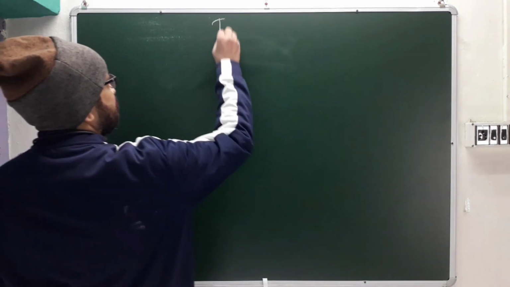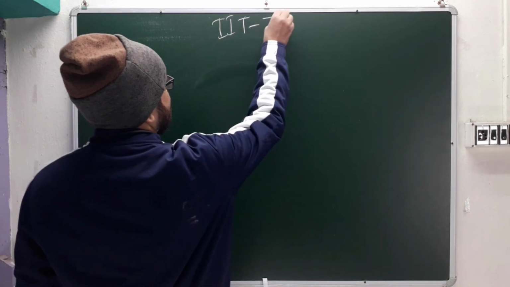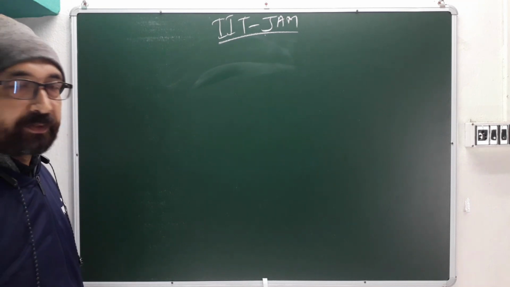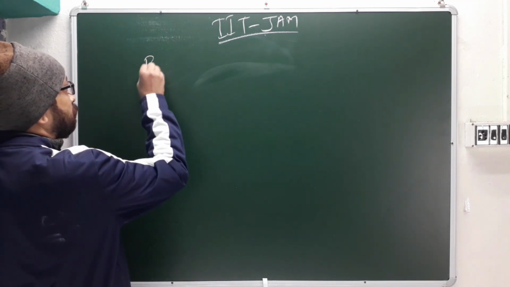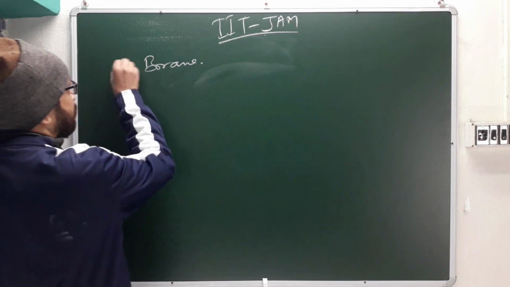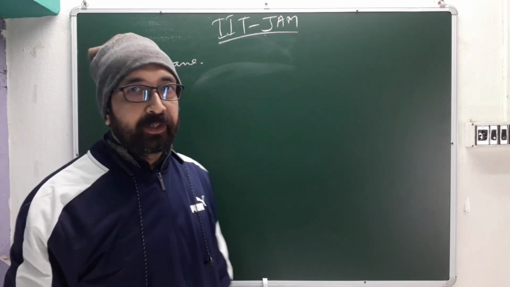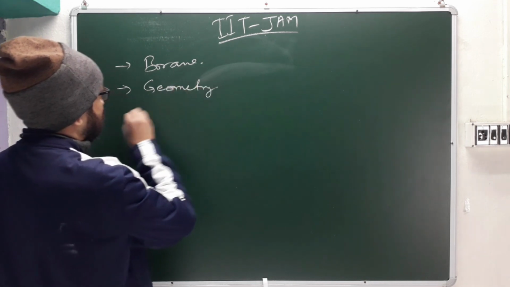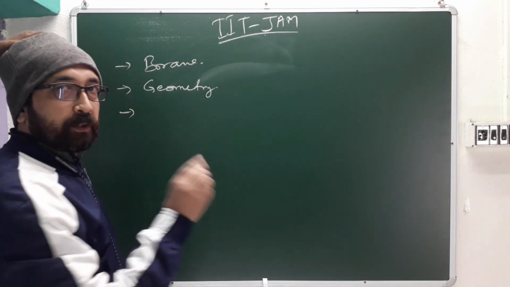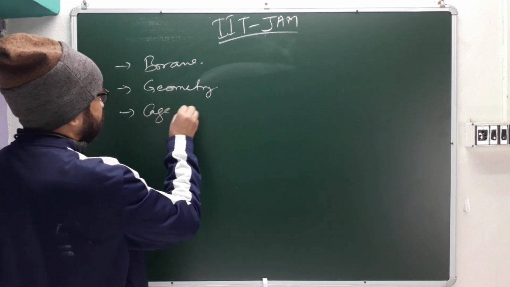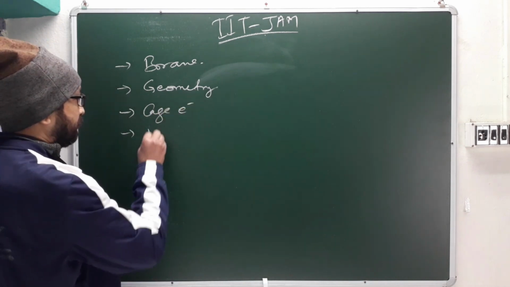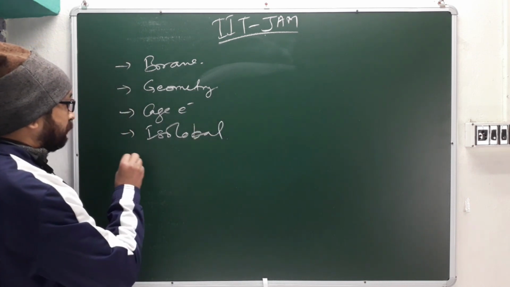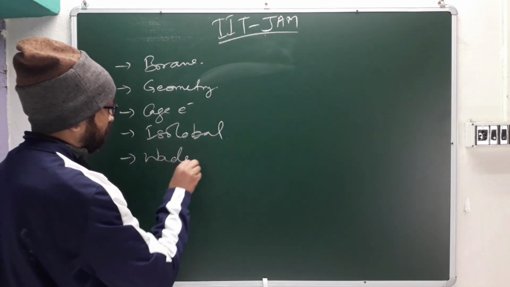Under Borane, we will discuss its geometry, its cage electron, isolobal, and finally weight.